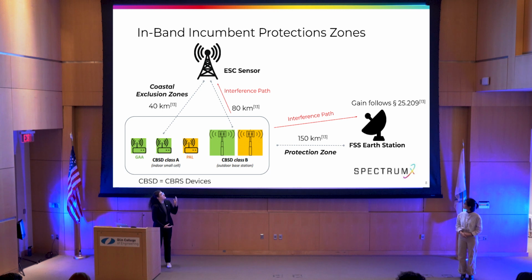There are two classes of CBSD devices. Class A, which are small indoor devices, and Class B, which are larger outdoor base stations. Class A devices must maintain at least a 40-kilometer distance from the ESC sensors in order to not cause interference, and Class B devices need to maintain at least an 80-kilometer distance.